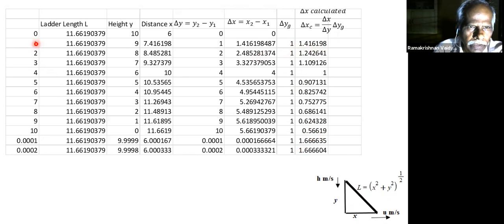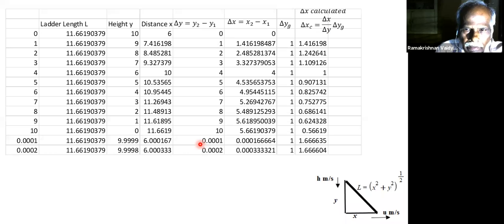Therefore, what now I do is I take it in thousands, that is 0.001. Then the change in distance becomes 6.000167. That is from 10 to 9.999 I change. Then the distance increases from 6 to 6.000167.